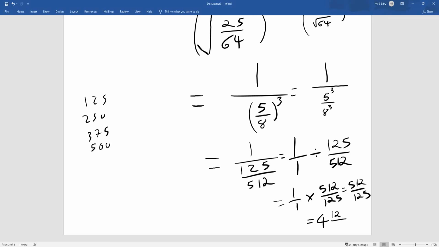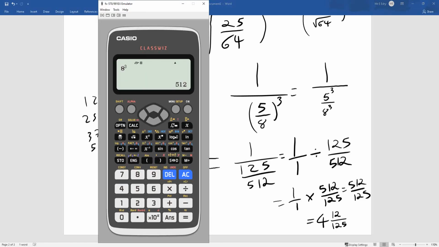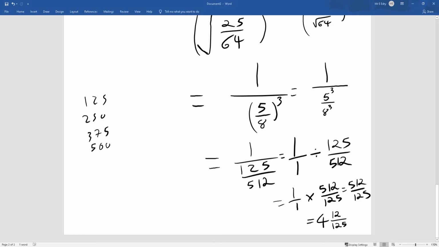So it's 4 and 12/125ths. Let me check that. I'm pretty sure that's right. 4.096, yeah, that's fine. Okay, so that's what we should have there.